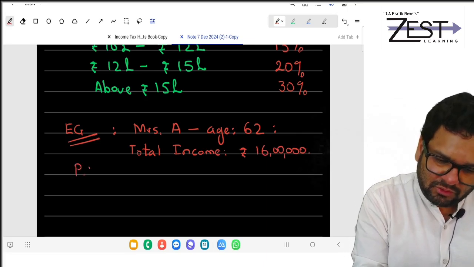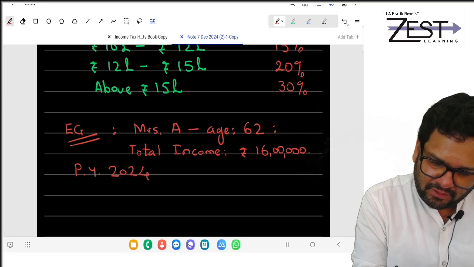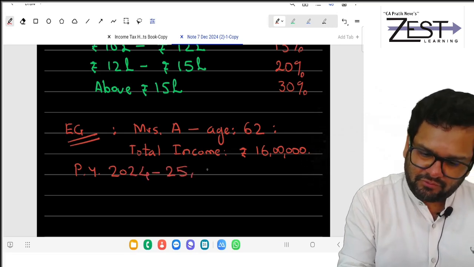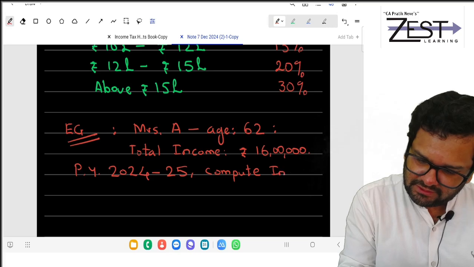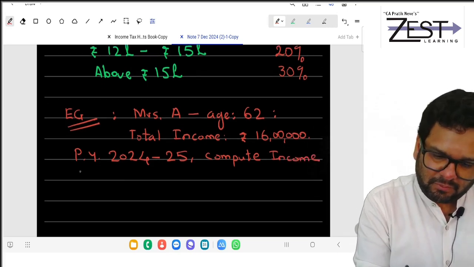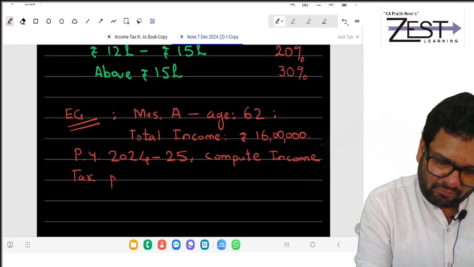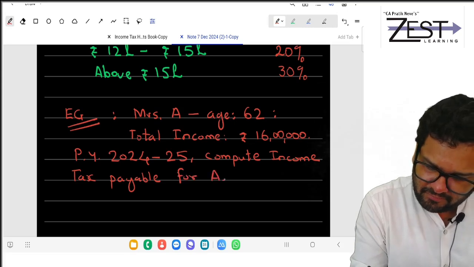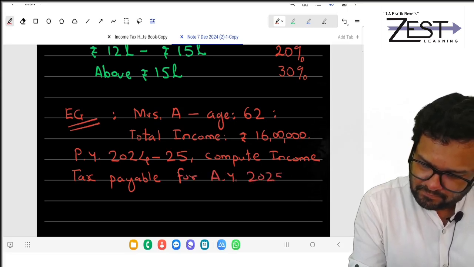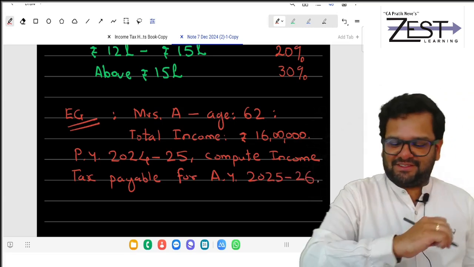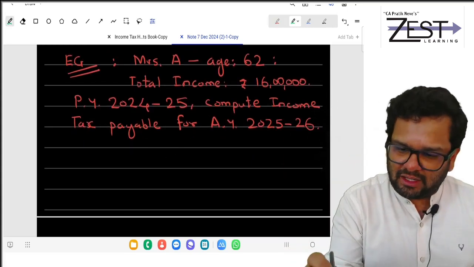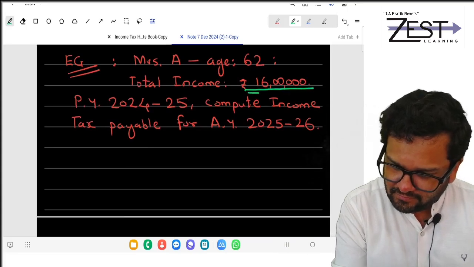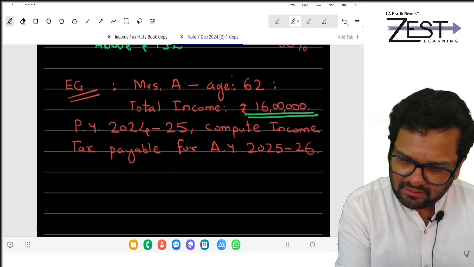Needless to tell you, for PY 24-25, compute income tax payable, of course, for AY 25-26. Understood? So in short, my focus should be now on 16 lakhs. Age doesn't matter.